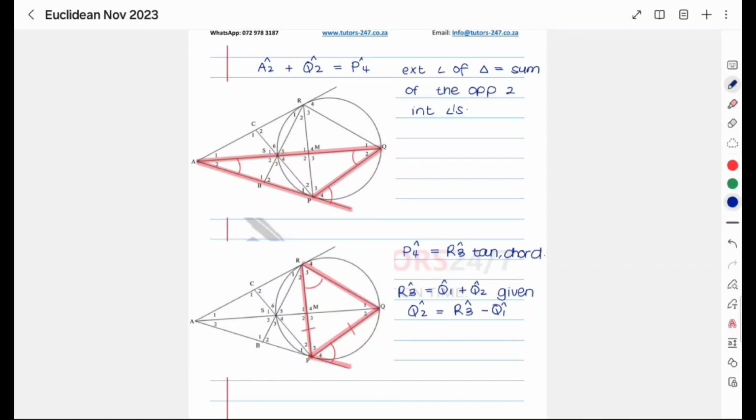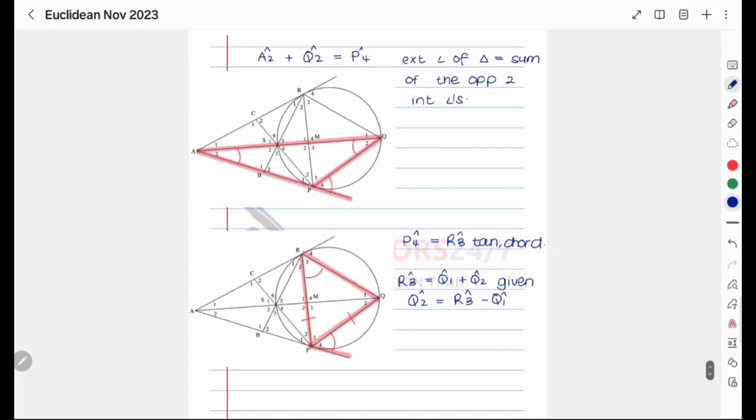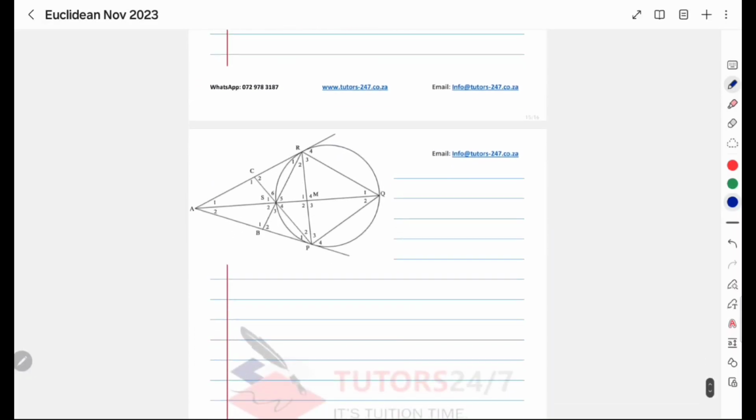Please take note that our goal is to try and find out what A2 is equal to and try to connect it to Q1 so that we can connect it to P2. So let's bring back our original equation.